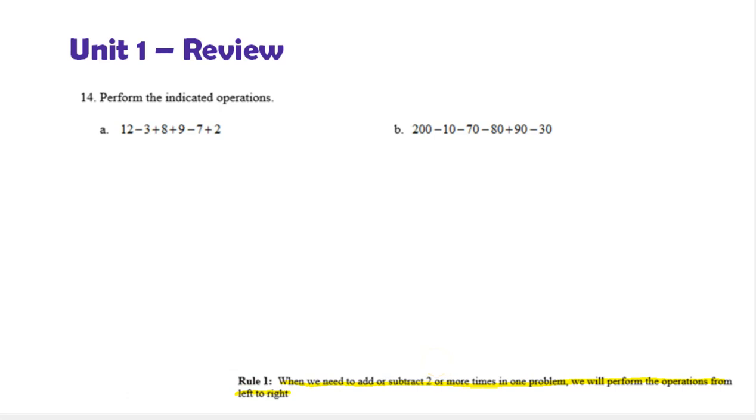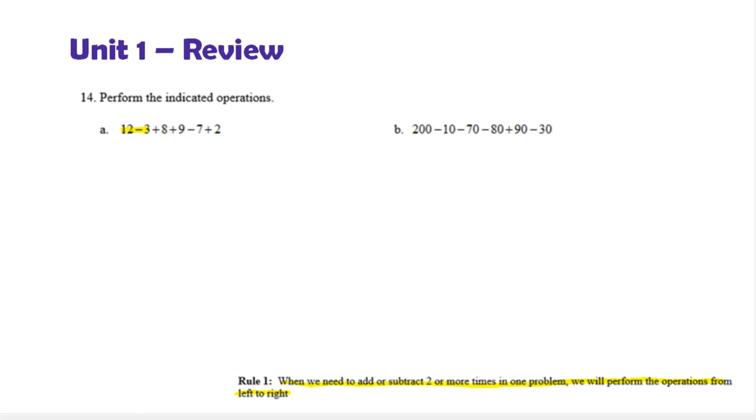Okay, so let's start with this one. Notice it's all addition or subtraction, so I'm going to start at the left, move to the right. You don't want to deviate from this path. Notice if I did 7 plus 2 first, that would be minus 9, and we don't want to subtract 9. We want to subtract 7 and add 2. So working from left to right helps us get this correct.